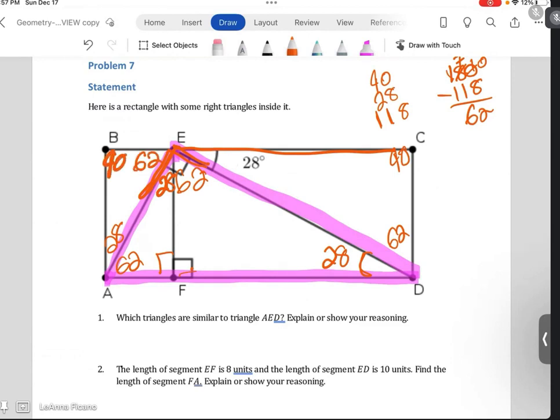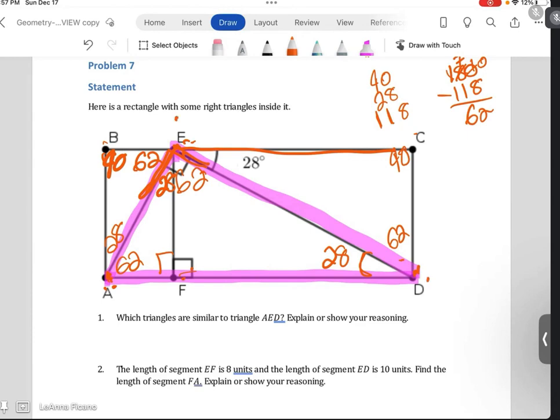So which triangles are similar to AED? Well, we have ABE is similar to AED, or we can say it as EBA. We have DCF, we have EFD.